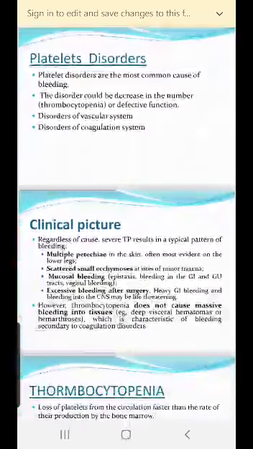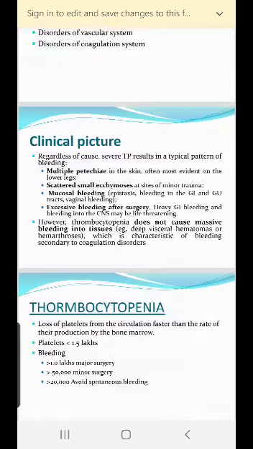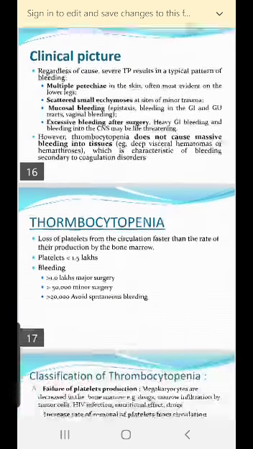But we will be dealing in detail only with the platelet disorders, which is also known as thrombocytopenia. Now, the clinical picture: if there is no platelet plug formation, what will happen? There will be petechiae, ecchymosis, mucosal bleeding, and excessive bleeding after surgery, because the platelets are not able to do their proper function.